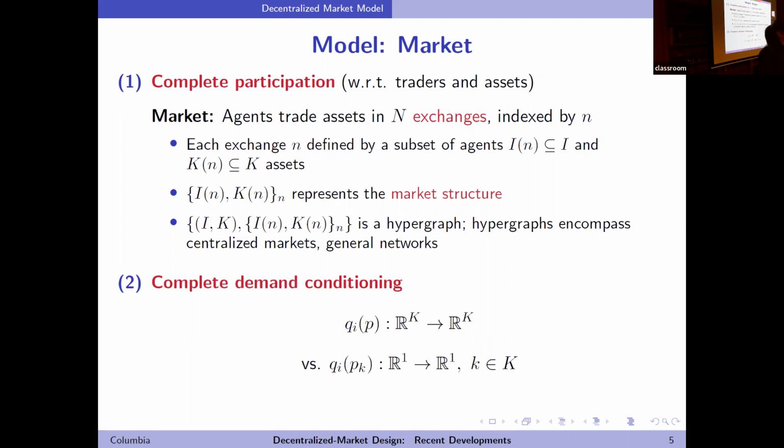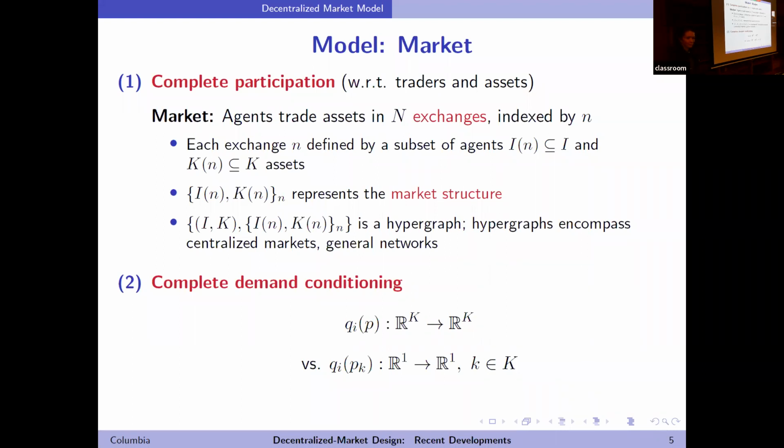But in the example that I gave, what's the difference between centralized and decentralized? I mean, the difference is somehow in the way the market clears. So in some sense, in both cases, I'm submitting the same object, which is the fully contingent demand for each asset. But the clearing is different.